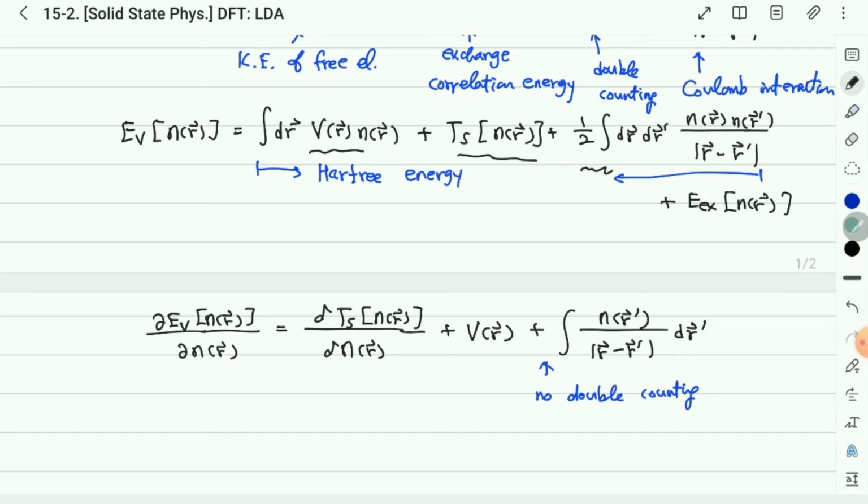And therefore in the exchange energy term, plus delta E_x[n] over delta n(r).